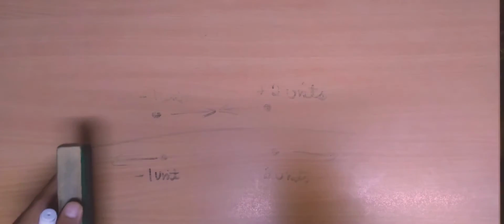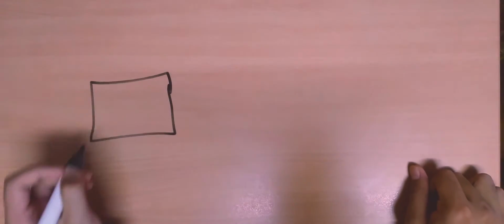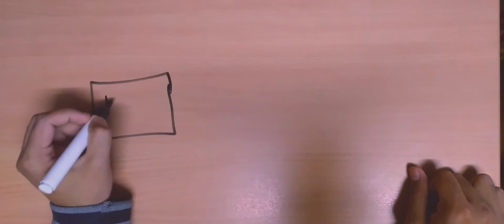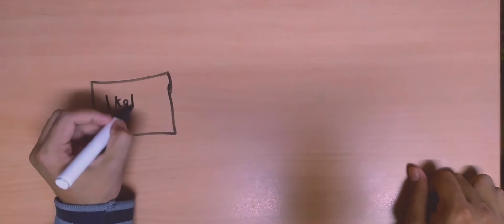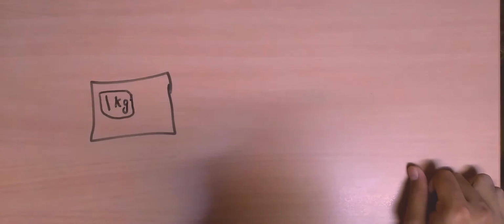Now one more thing that I'd like to highlight is that charges, just like mass, can be added. What do I mean by that? Let's say I have a box here and I put in a 1 kg block.